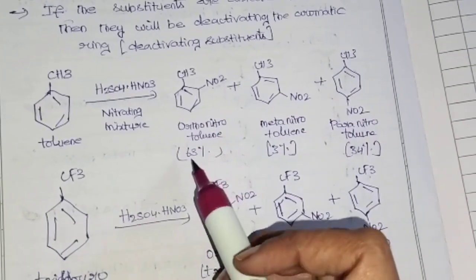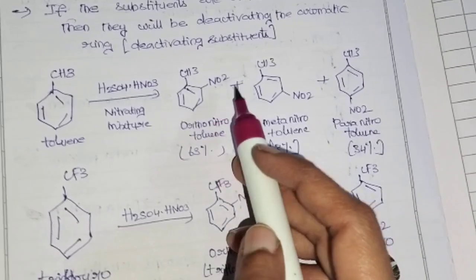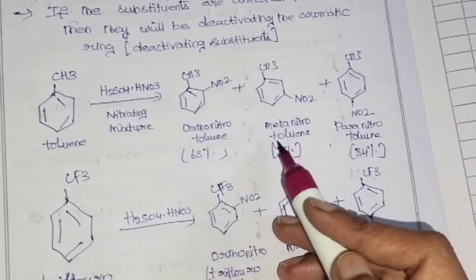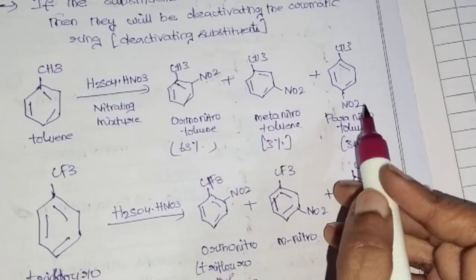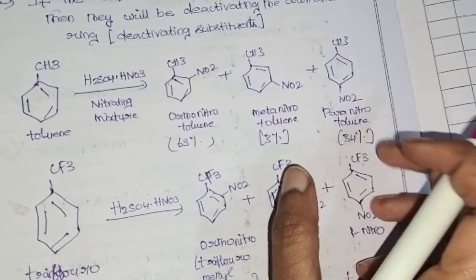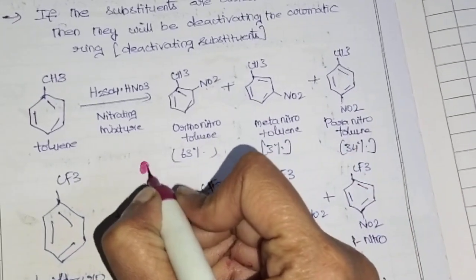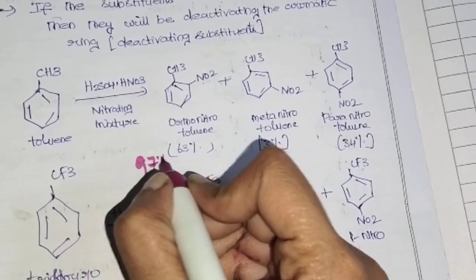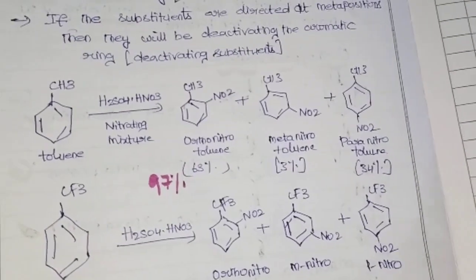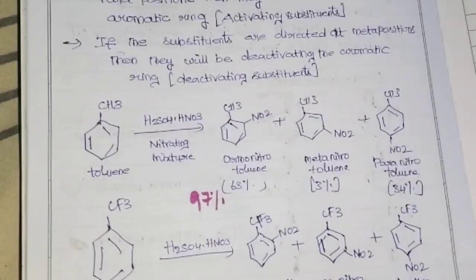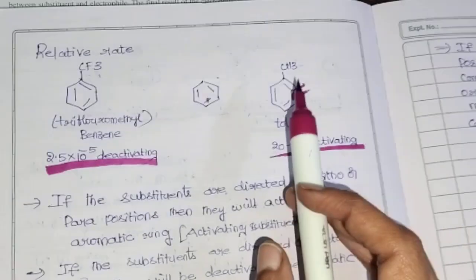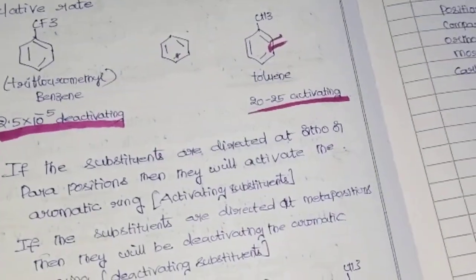We can see 63% is ortho-nitrotoluene, 3% is meta-nitrotoluene, and para-nitrotoluene is 34%. From this, 63 plus 34, 97% is at ortho and para positions. That is why it is an activating group. That's why I told toluene is activating.